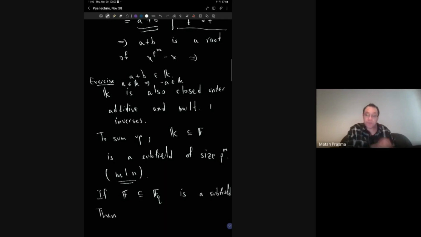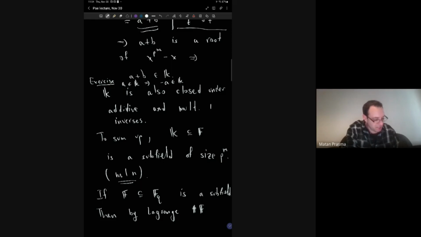Then clearly, by Lagrange, F is in particular an abelian group under addition.